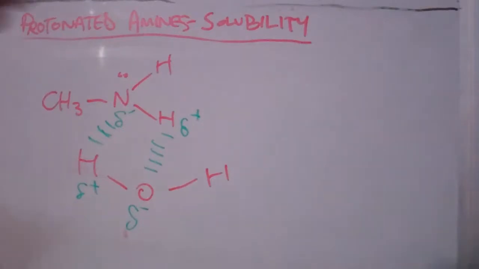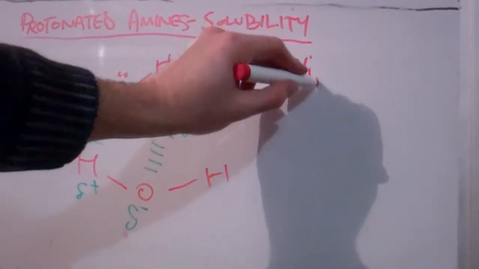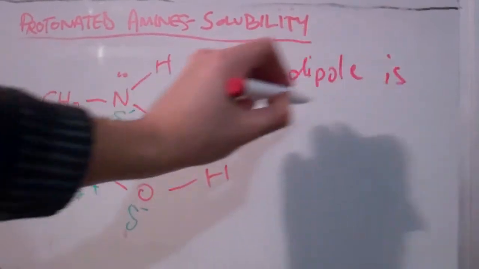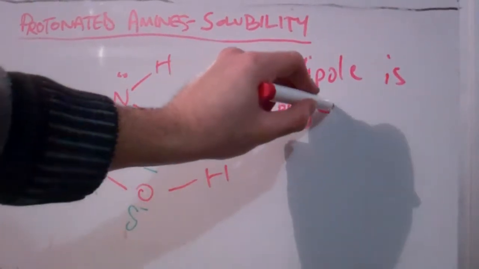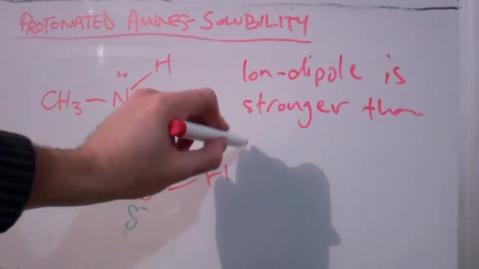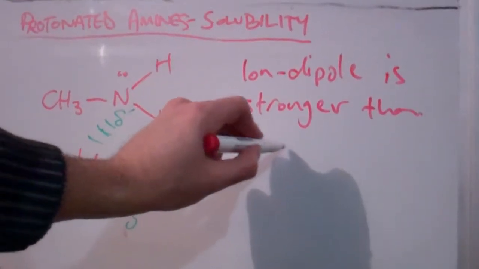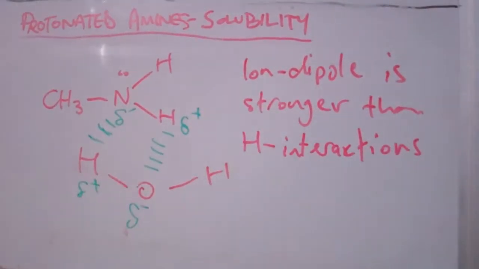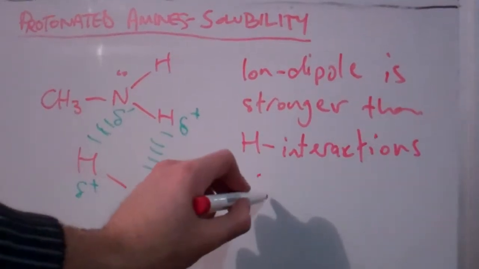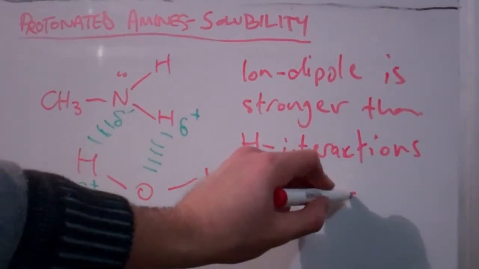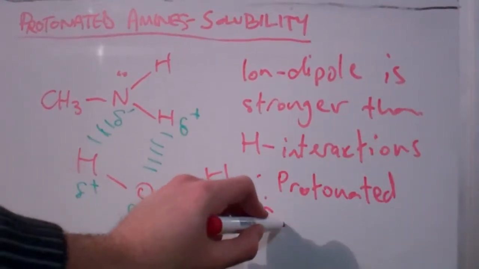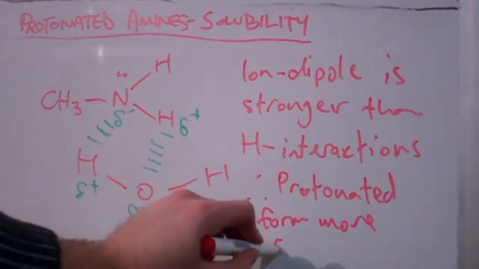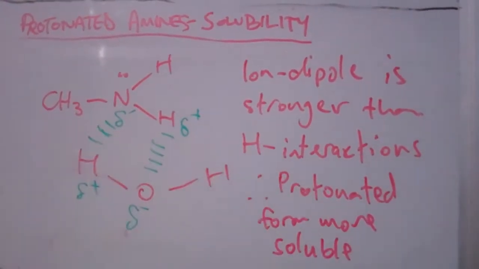But again, ion dipole interactions are stronger than hydrogen bonding. Therefore, the protonated form of amines is more soluble. Alrighty?